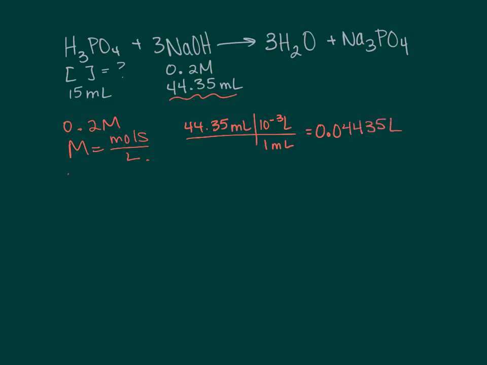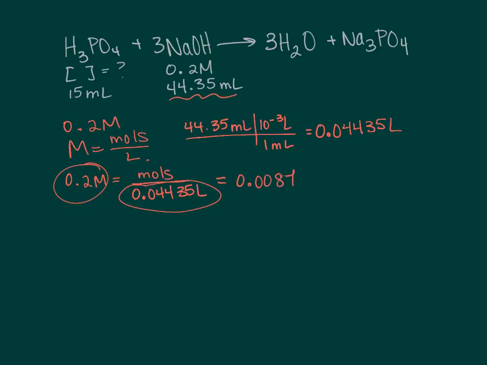So let's plug in. We have 0.2 molarity equals moles over the liters. To find moles, you're just going to want to multiply these numbers together. And then we're going to have 0.0087 moles of NaOH used in our titration.